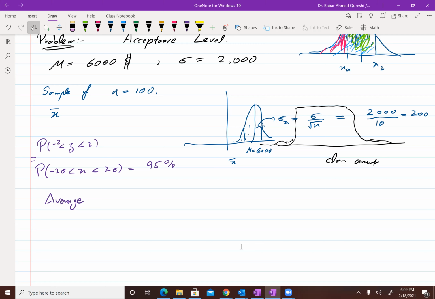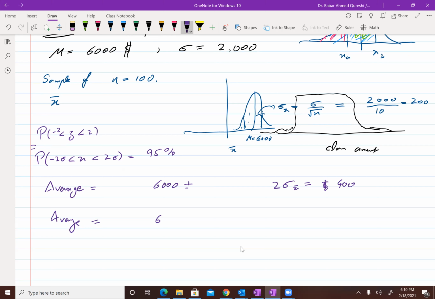Yes, the 2000 is the standard deviation of the original claims, but for the means of the samples, it becomes 200. So if your average comes out at some value, you can put, for example, a quality control, and this is called the acceptance level.